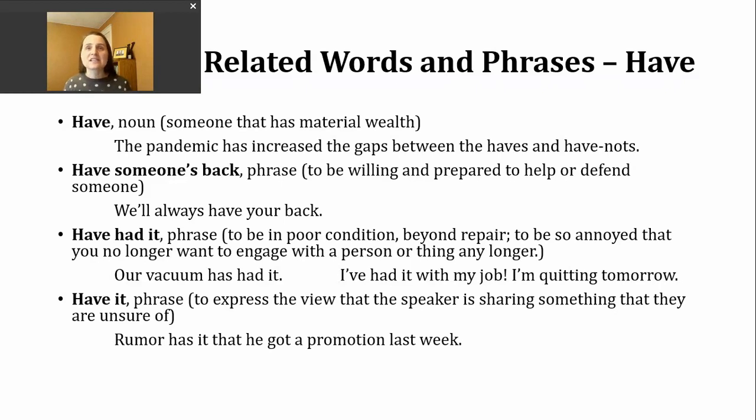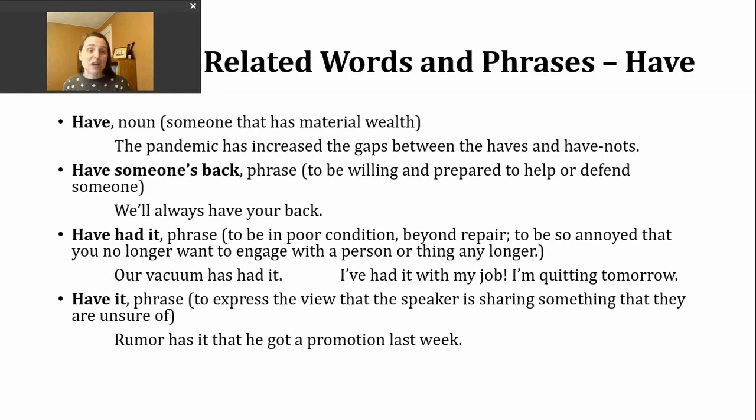So another way to say someone who is rich. Here's an example of how you might hear this noun used in a sentence. The pandemic has increased the gaps between the haves and have-nots. So again, just another way to say it's created gaps between the rich and the poor.